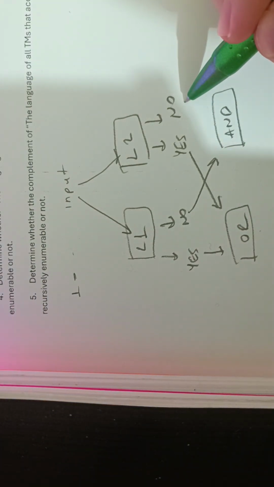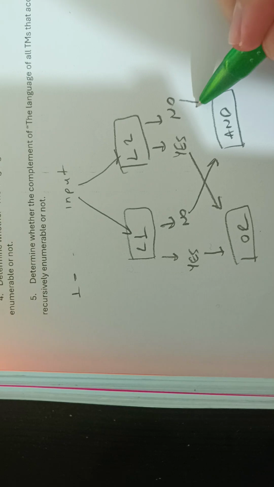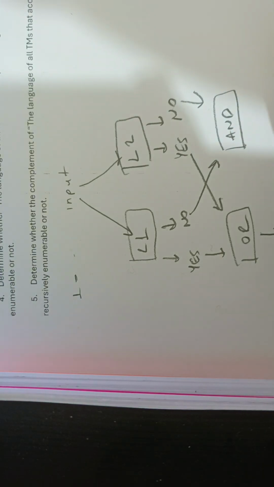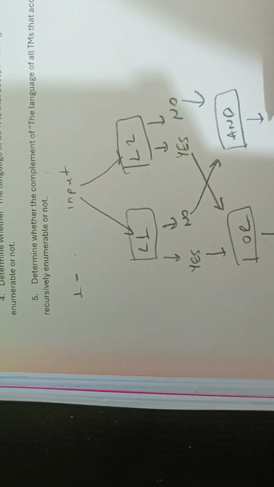If the answer was no, we go to the AND operator. This is going to be the accepted state. This is going to be the rejected state. Let me explain all of it.